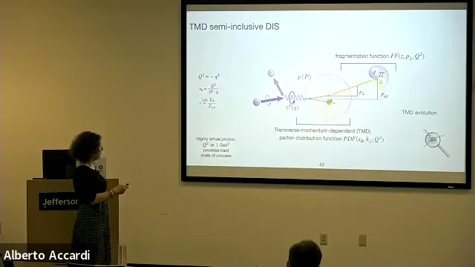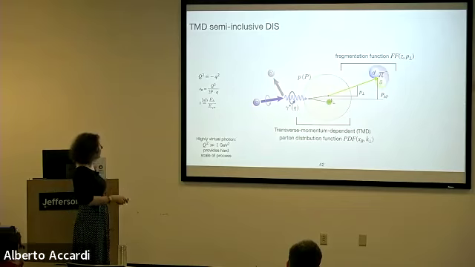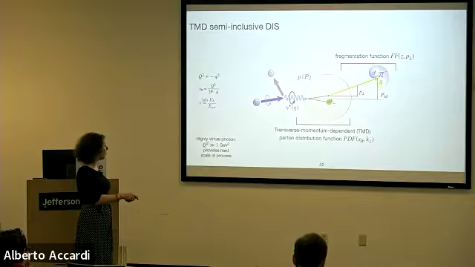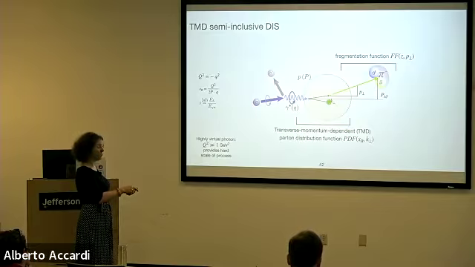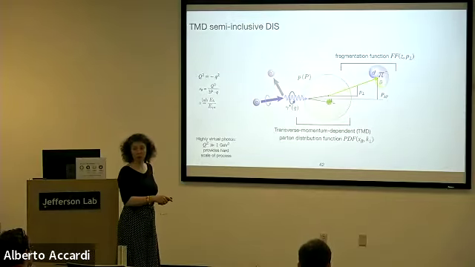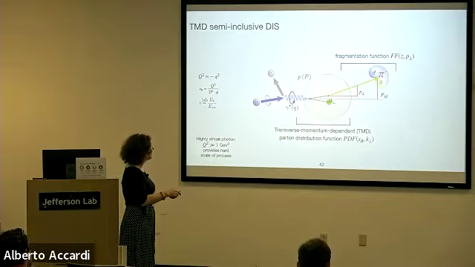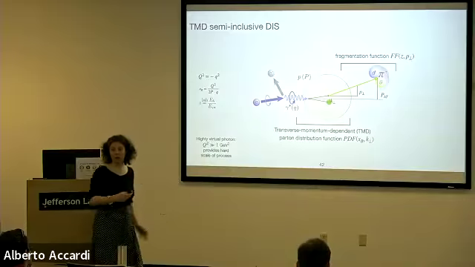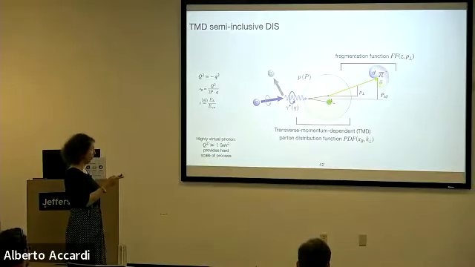And so we now get our parton distribution functions as a function of x, as we had before, but now also as a function of this transverse momentum of your quark. And then we get fragmentation functions as a function of z, as we had before, but in addition also of this transverse momentum acquired during the hadronization.